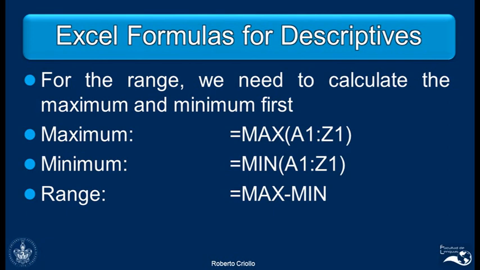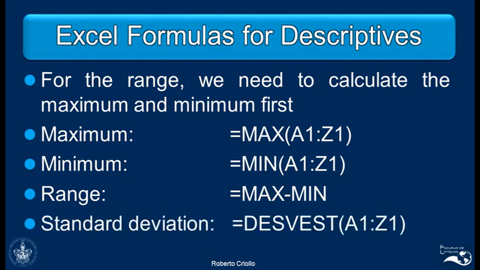Okay, and for the standard deviation, you're going to find that it's much easier than calculating it by hand. The formula is just the one that you can see on your screen, this first, and then the range of cells. So these are the formulas for both the descriptives of central tendency and those of variability.